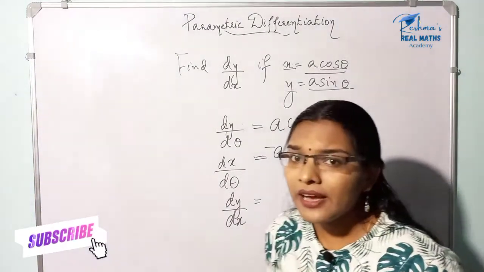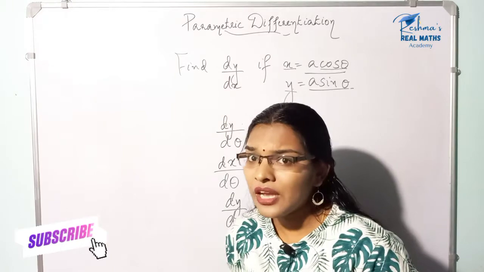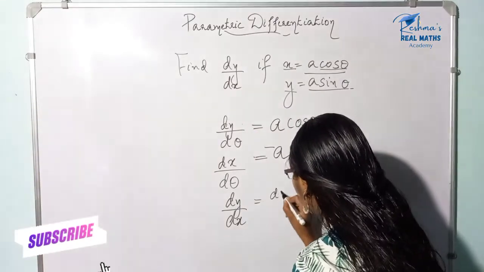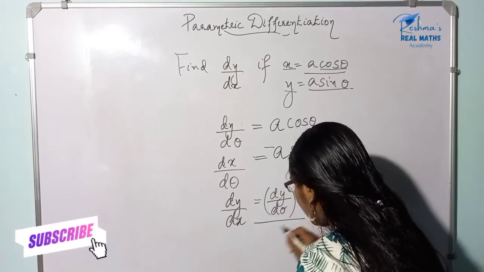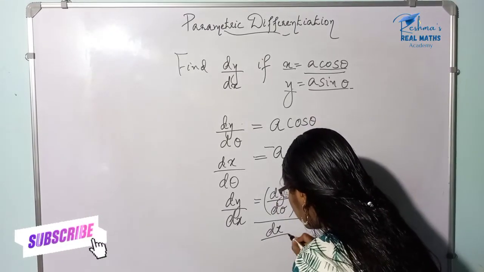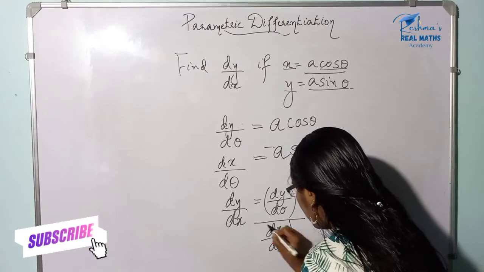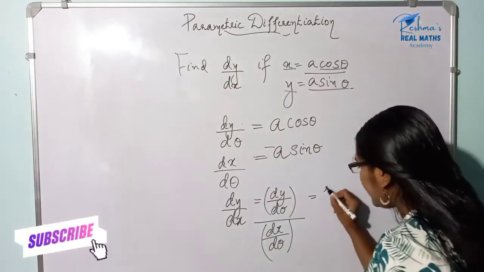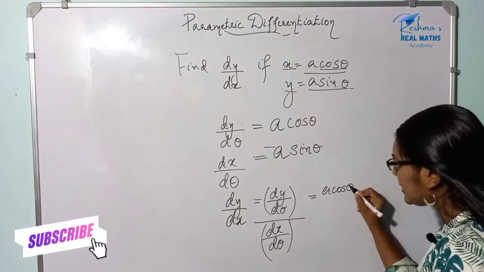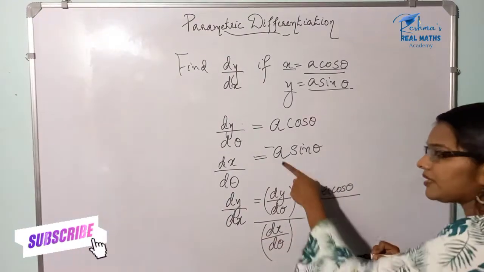What was the formula? I taught just now, isn't it? It was dy by d theta divided by dx by d theta, isn't it? What is dy by d theta? It is a cos theta divided by, what is dx by d theta?